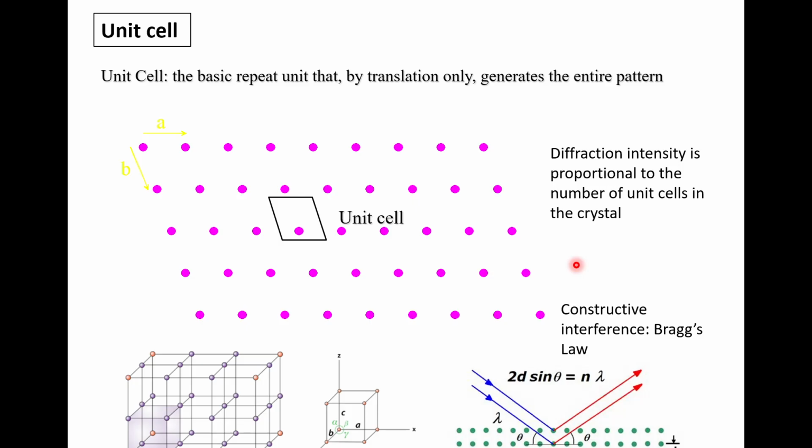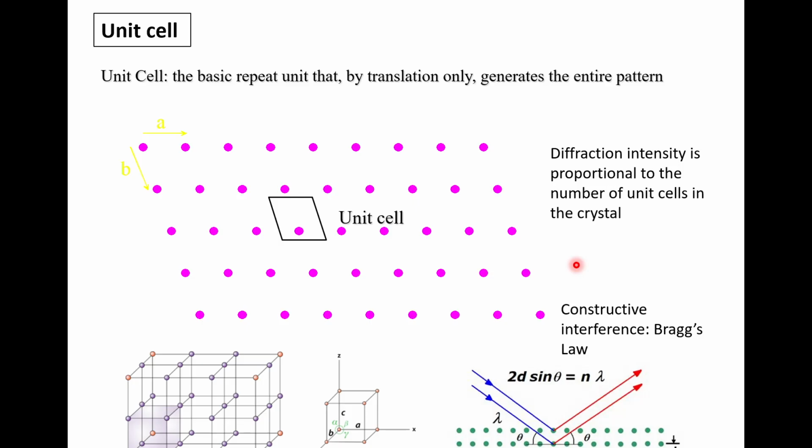So when it hits your detector, there can be a constructive interference between two waves, because multiple waves will come, right? Electrons from multiple atoms are coming and interfering with one another, and that is known as interference.